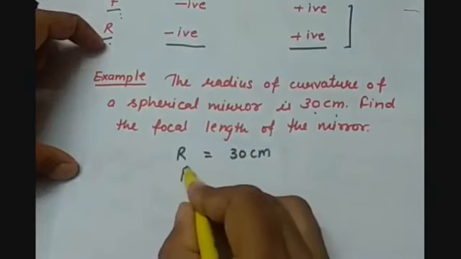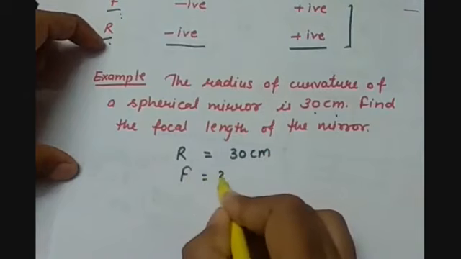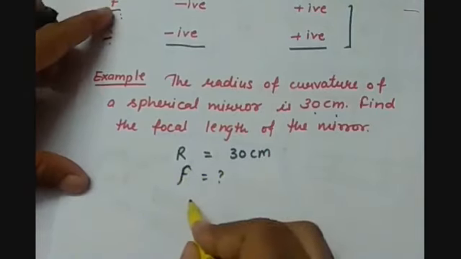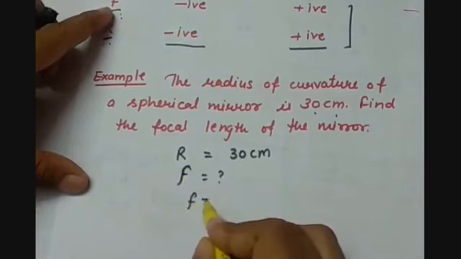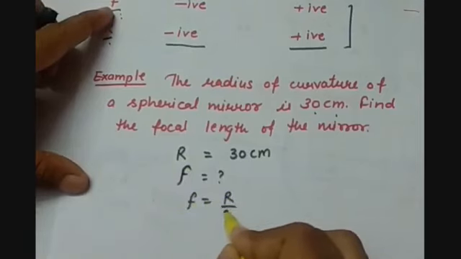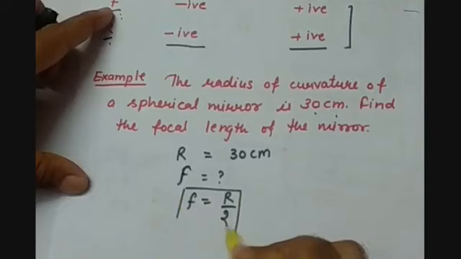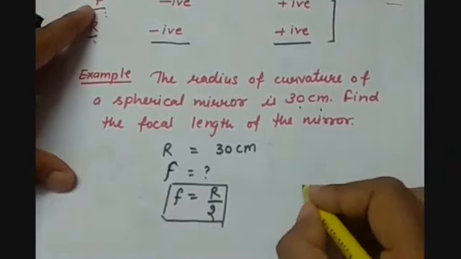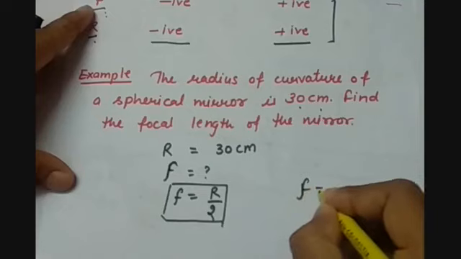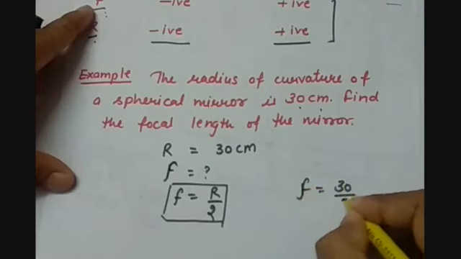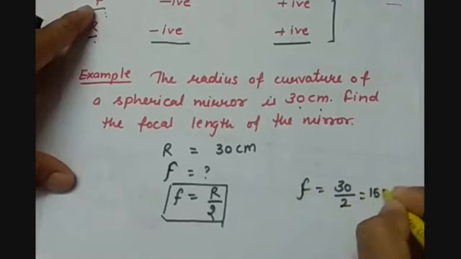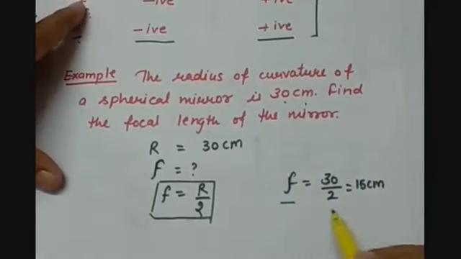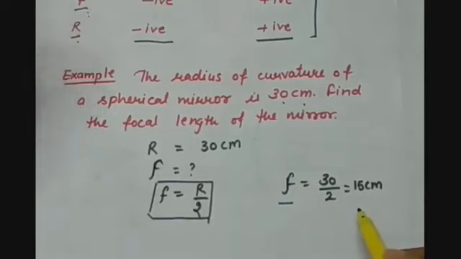We have to find F. Now we know that F is equal to R by 2. This relation we have found out. So if we put the value of R here, we'll get 15 centimeter. So the focal length of the mirror will be 15 centimeter.